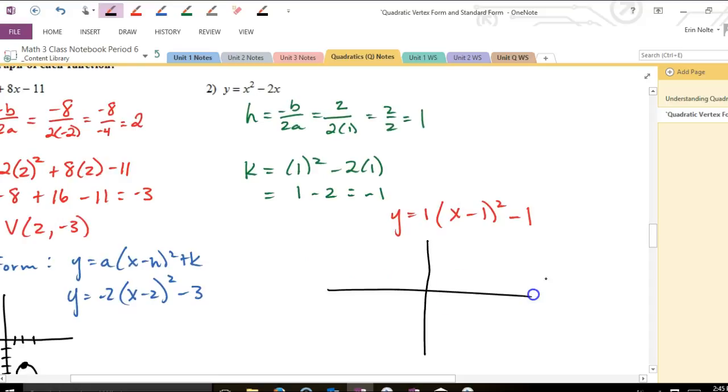Okay, so if I draw that, what is my negative 1? What direction does the negative 1 outside the parentheses do? Down 1. Negative 1 on the inside goes right 1. There's my vertex. My slope is 1, so what are my directions? Up 1 to the right 1, up 1 to the left 1, and make a parabola.